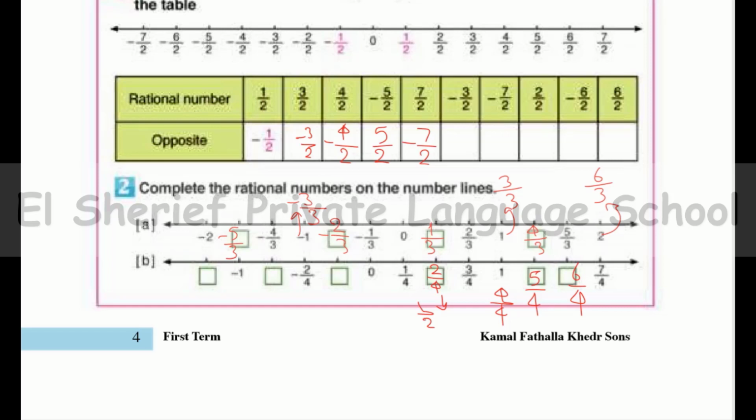In the other direction, the negative direction, from 0, the opposite number of 1 over 4 is negative 1 over 4. Negative 2 over 4, so the next number will be negative 3 over 4, and negative 1 is equal to negative 4 over 4. Then here I have negative 5 over 4.